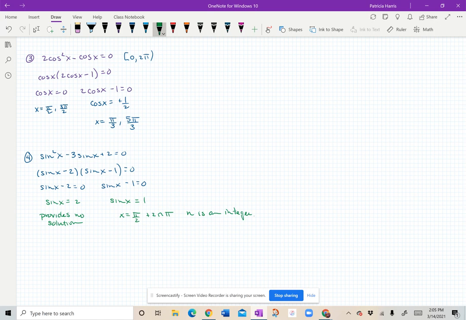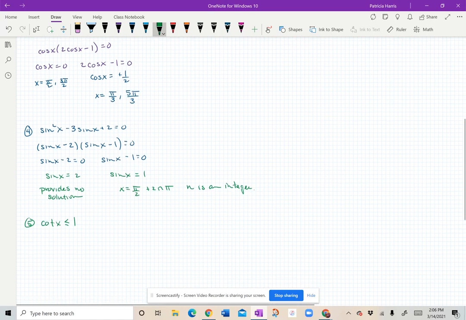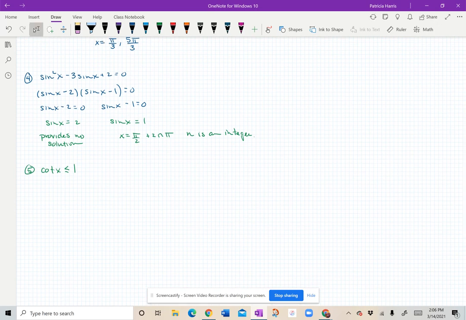Okay, let's talk cotangent. Where is cotangent less than 1? So I have to know the graph of cotangent, so I should graph it.